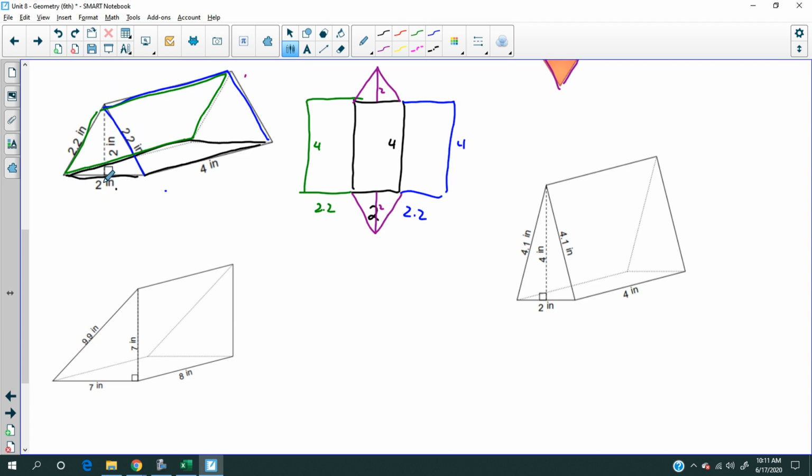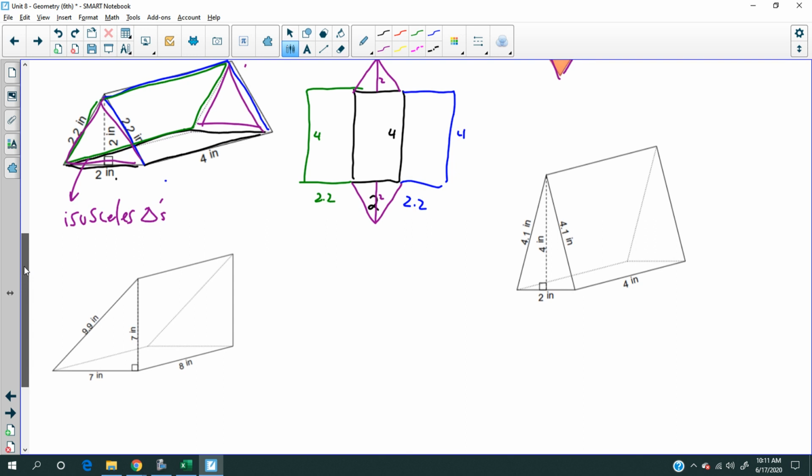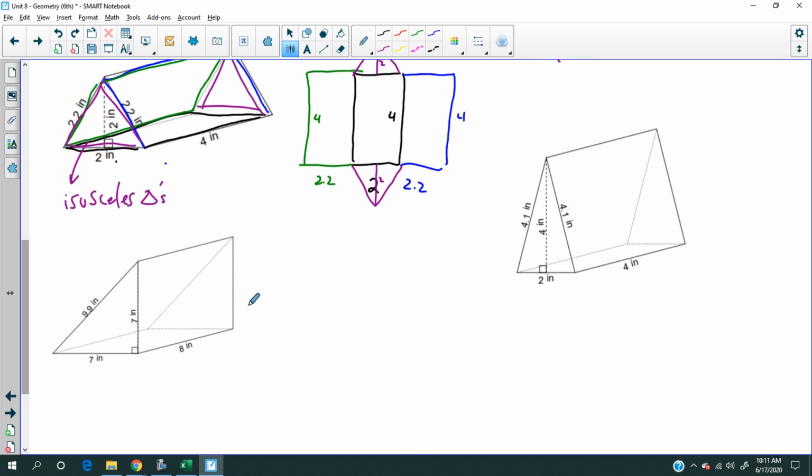Do you remember? These two are isosceles triangles. So that's the first one. Go ahead, take a few more minutes and try the next two, and then we'll stop here for today.